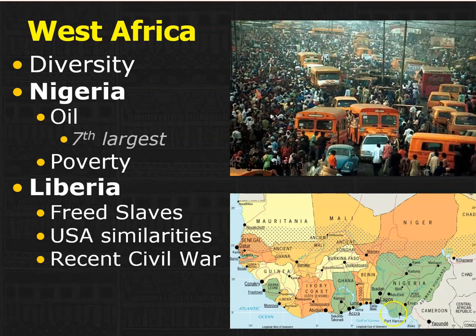The other country I want you guys to know about is over here, and that's Liberia. Liberia was created in the 1800s by Americans, where they were sending freed slaves back to the African continent, thinking that that's where they wanted them to be. But it's kind of strange because the slaves that were brought from Africa to the New World kind of lost their tribal associations and were all thrown together.